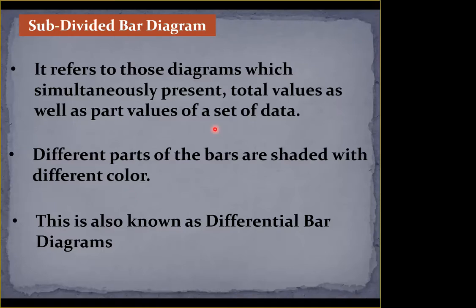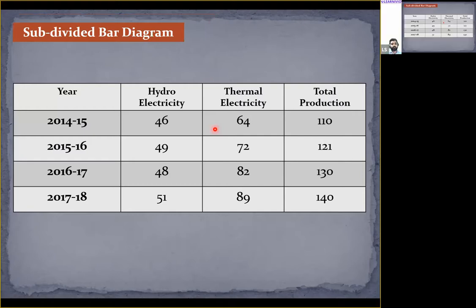So see, this is the information that we are required to present in the subdivided bar diagram form. What is the data we have? We have the information regarding different years. And then we have the production of hydroelectricity, and information regarding thermoelectricity.